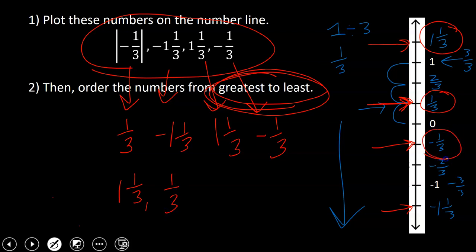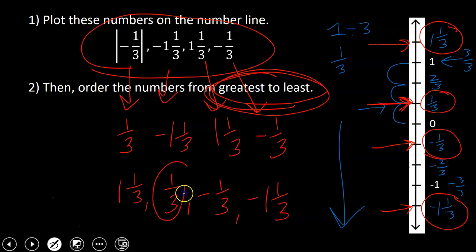And then after that, we get to negative 1/3. And then finally last, the smallest number is negative 1 1/3. And originally, this 1/3 was written as negative 1/3. So just keep that in mind as we ordered it from greatest to least.